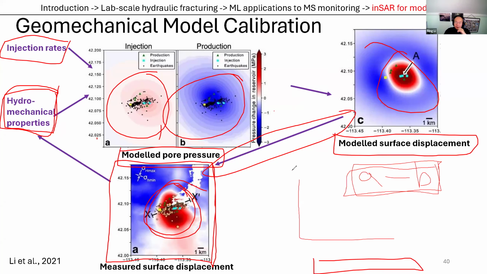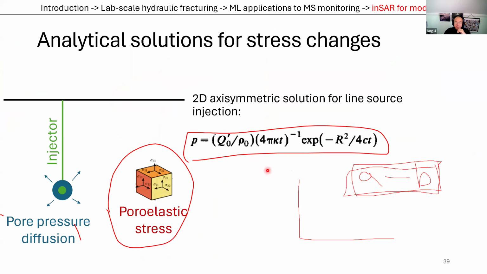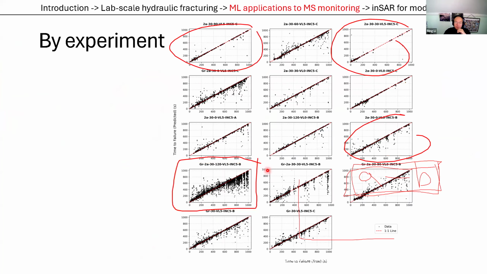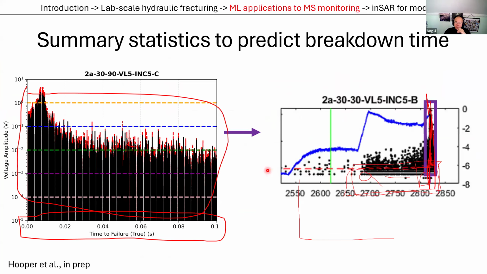Absolutely. Let's go back. For example, here I'm using time as the... were you talking about this one or a different one? Yeah, this is one of the examples. So I was looking at the time series of the acoustic emissions as the input. But you could very easily do the same with the pressure.